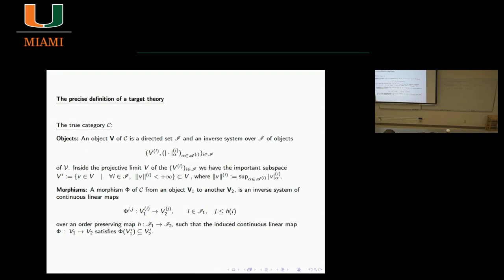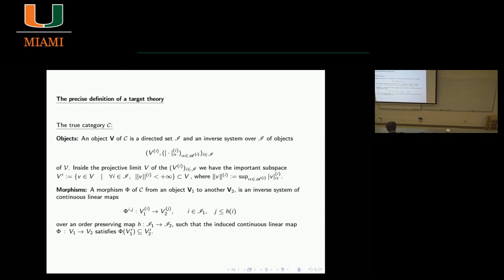So, in fact, all we care about is that V prime is the subspace which satisfies this. Okay. Now, what are morphisms between such objects? Well, they are linear maps indexed by pairs. So, one has maybe I as its directed set, maybe 2 has J as its directed set.